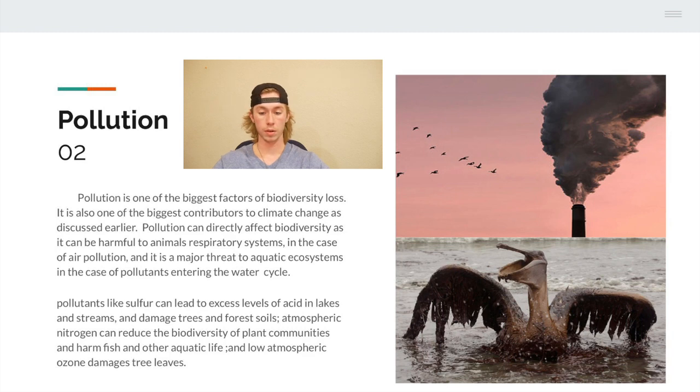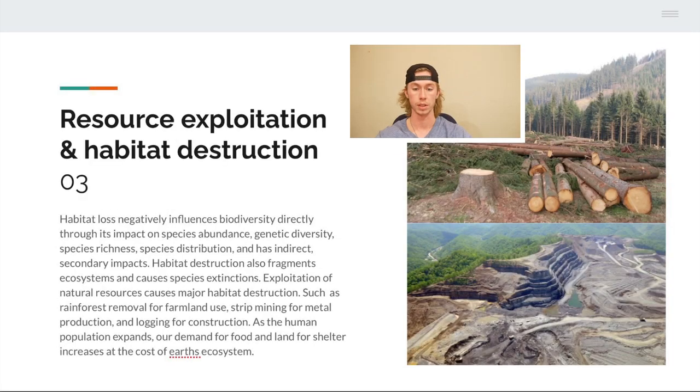The third main cause of biodiversity loss is resource exploitation and habitat destruction. This is also a large factor that directly affects biodiversity loss more than indirectly, like climate change does, because it involves physical alteration of the environment that species live in.